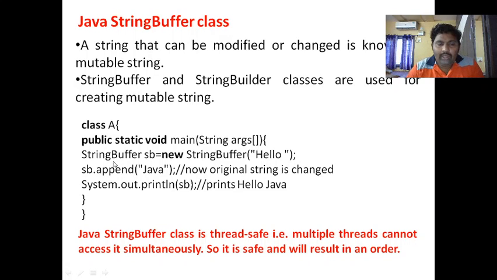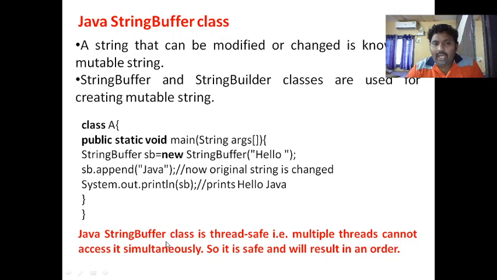We can write StringBuffer sb = new StringBuffer("hello"), and then sb.append("java"). If you print sb, previously with the String class we got only hello, but here we get hello java. Why? Because in this StringBuffer class, whatever objects we create are mutable strings.